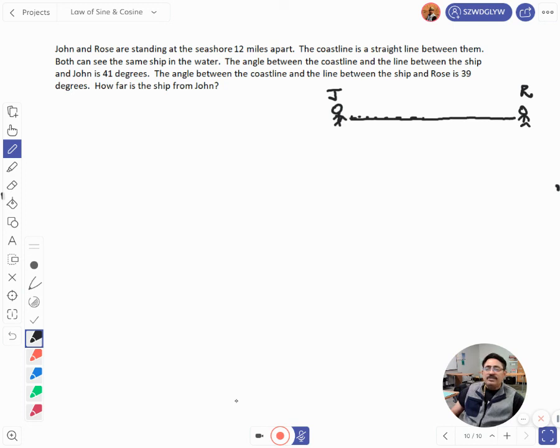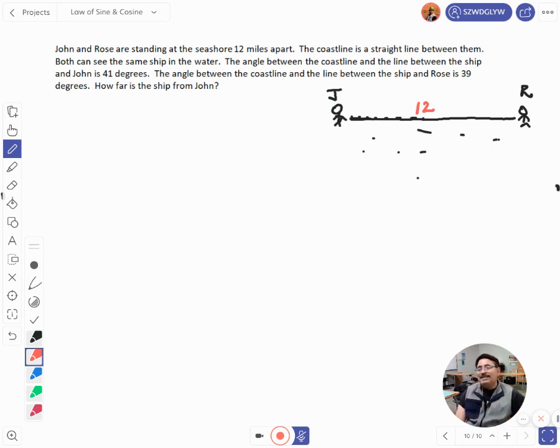They are standing on the seashore. So here is the sea. And the coastline is a straight line between them. And the distance between them, I see that it is 12 miles.